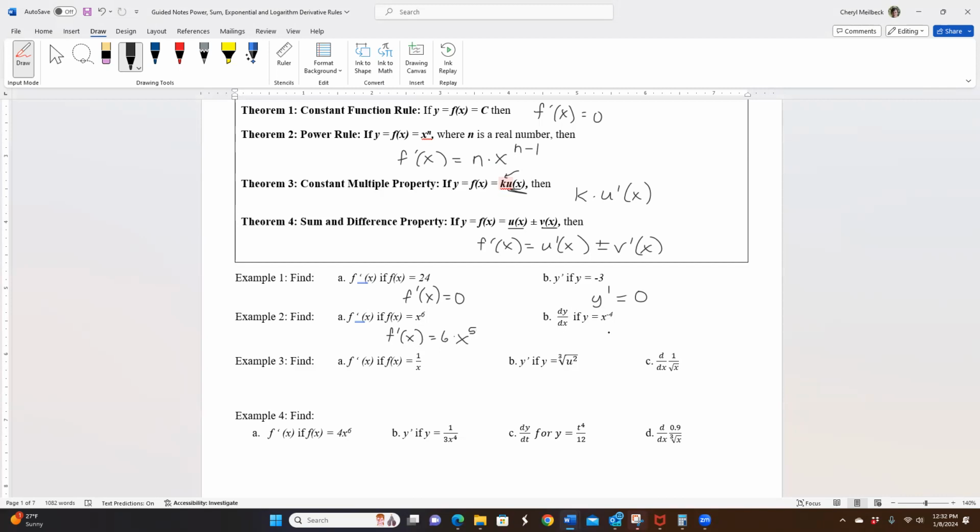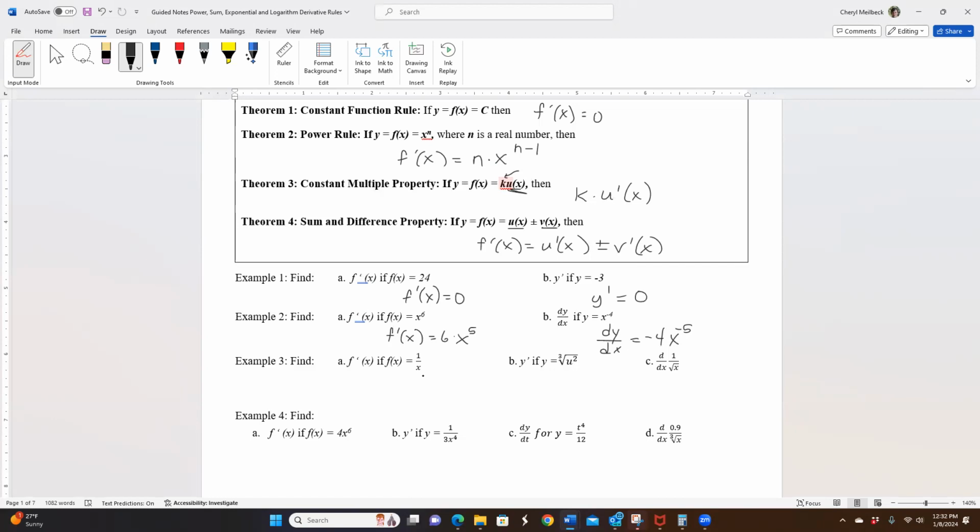Similarly here, dy dx means find the derivative of y equals x to the -4. So dy dx would be, we'll take that -4 times x, and we subtract 1 from -4. Now you have to be careful. When you subtract 1 from a -4, you're going to get a -5. So our answer for the derivative is -4x to the -5.